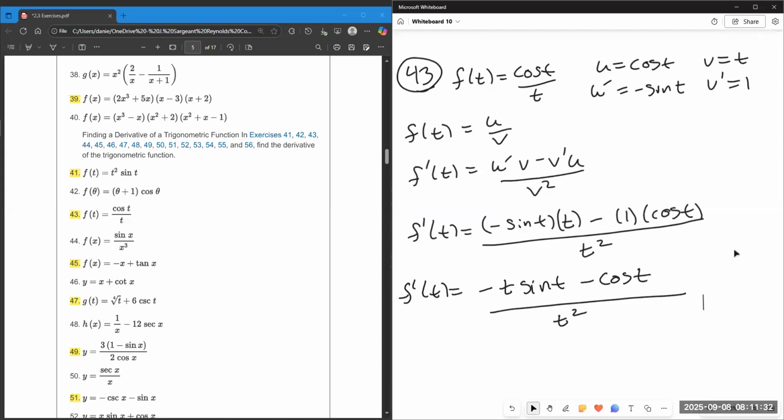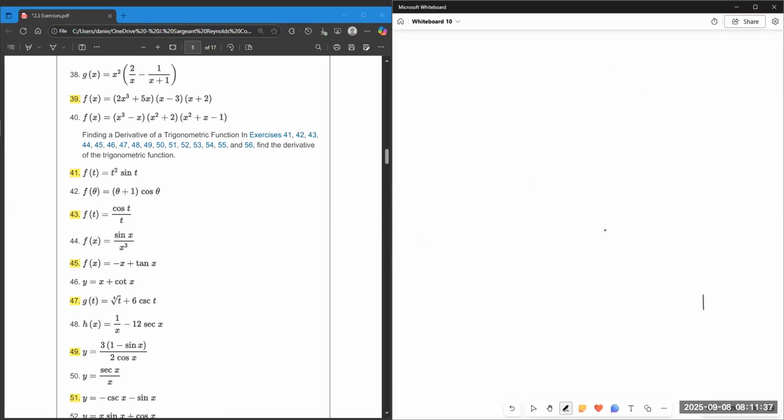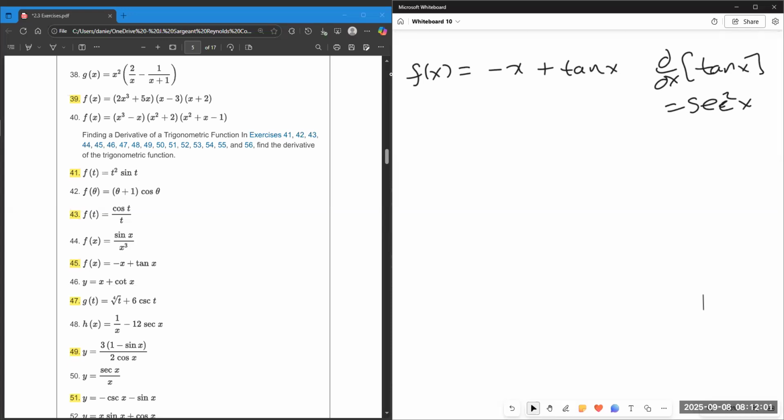Let's look now at 45. F of x is equal to a negative x plus tangent of x. Hopefully you remember that the derivative of tangent is equal to secant squared. If not, you're going to have to set up tangent as sine over cosine and use the quotient rule here.